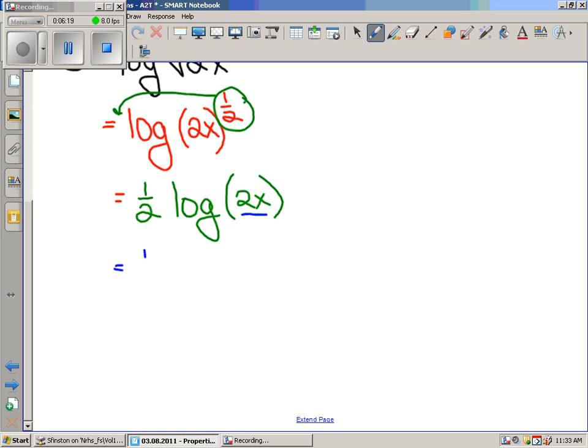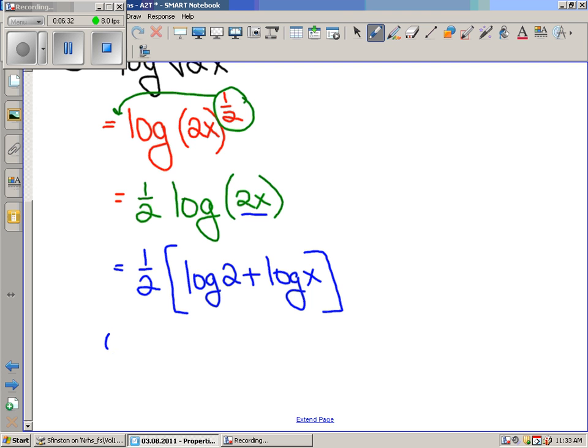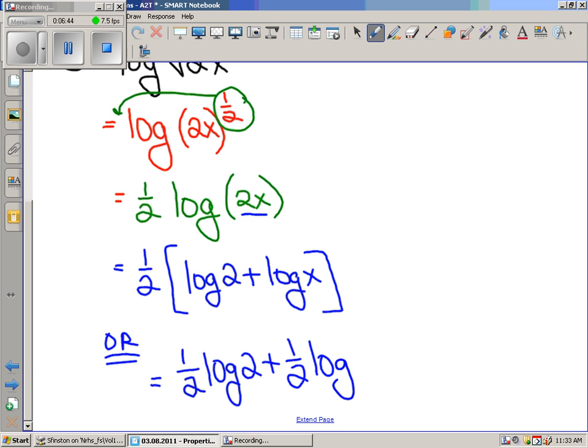So now we have 1/2 in the front times log 2 plus log x. You could leave it like that, or you can distribute that 1/2 in and get 1/2 log 2 plus 1/2 log x. They're both the same.